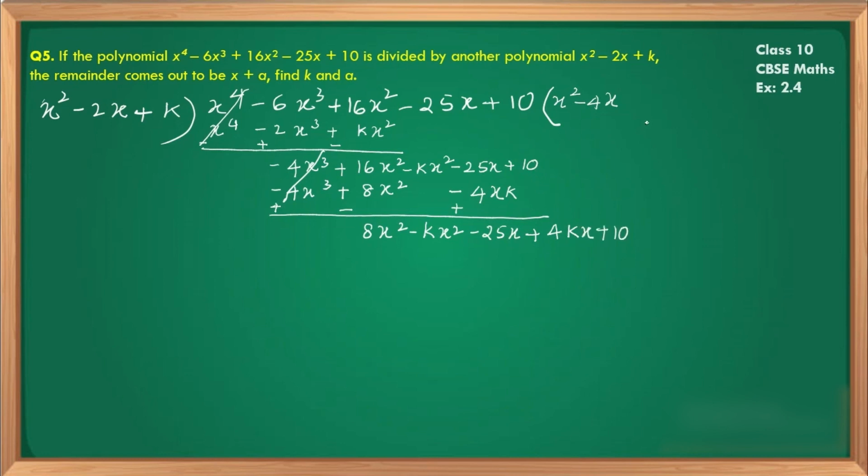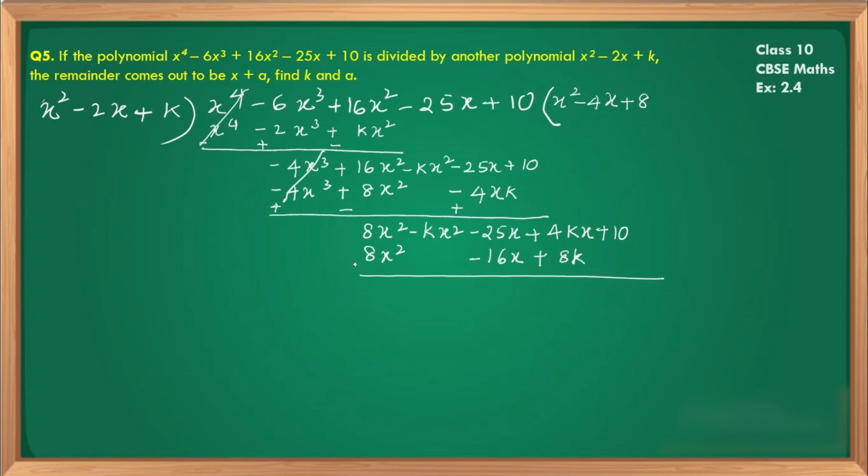We have to multiply plus 8 with this whole polynomial. What we get? 8x square. Then minus 16x, we write below this, 16x, and then 8k, we can write down here, plus 8k.